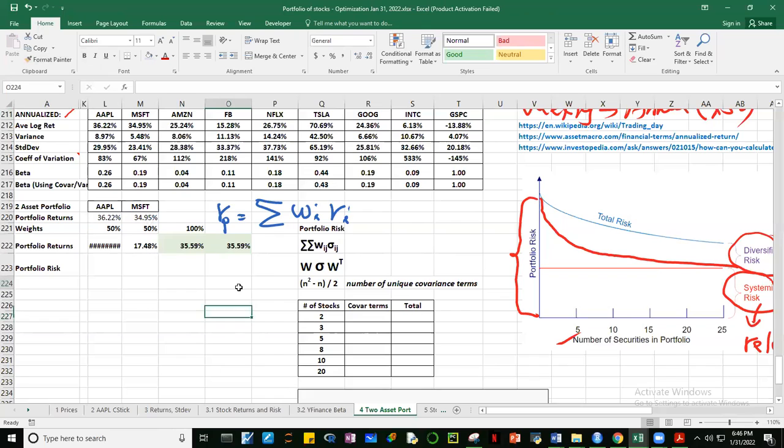Okay, 35.89, 59. All right, returns guys, madali lang. Alam natin yung weights, alam natin yung returns, tapos. Ganun lang yun. And notice that the portfolio return will be lower than the highest return na asset, but it will be higher than most of the lower rated na asset. So parang lumalaro lang tayo sa gitna, no?